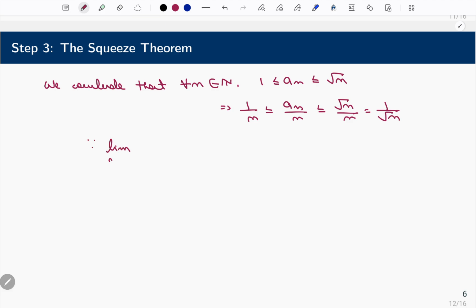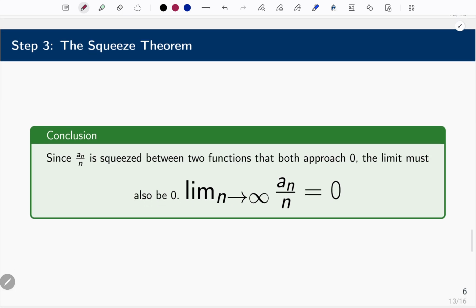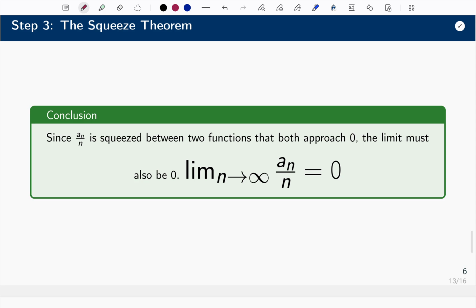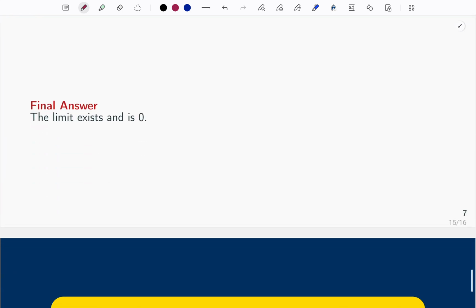Since the limit as n tends to infinity of 1 upon n equals 0, which is also the limit as n tends to infinity of 1 upon root n, by the squeeze theorem, the limit as n tends to infinity of a_n upon n is equal to 0. So the final conclusion: since a_n is squeezed between two functions that both approach 0, the limit must also be 0. So you have got your answer: the limit exists and is 0.